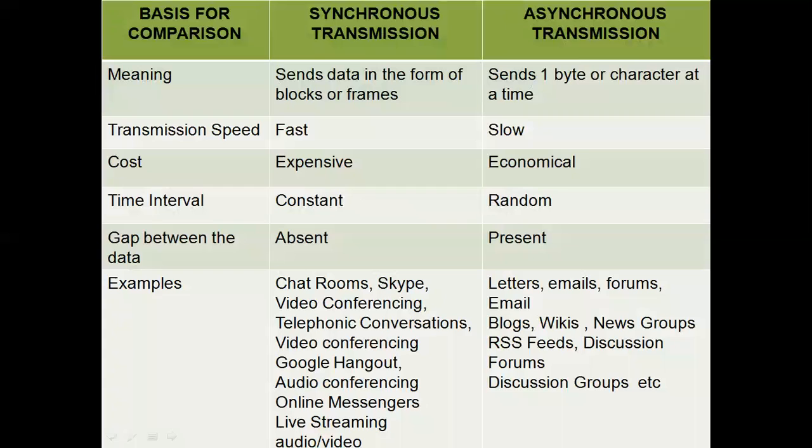Asynchronous transmission sends one byte or character at a time. Transmission speed: in synchronous transmission fast, in asynchronous very slow. Cost: synchronous is expensive and asynchronous is economical. In synchronous transmission, time interval is constant, and in the case of asynchronous, time interval is random.